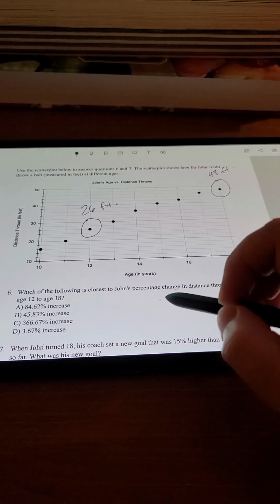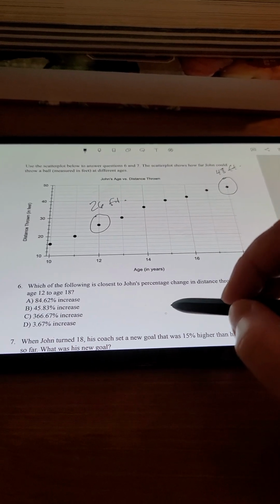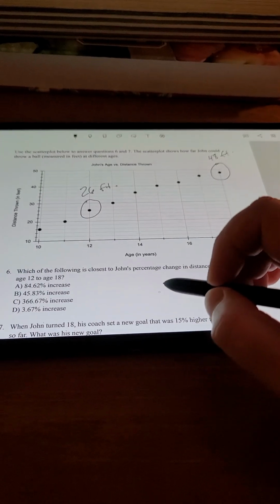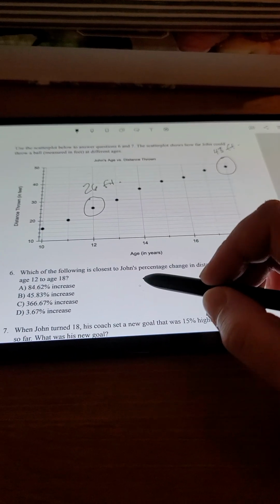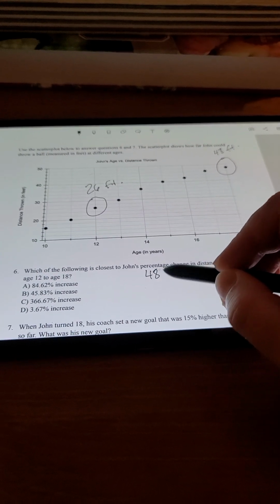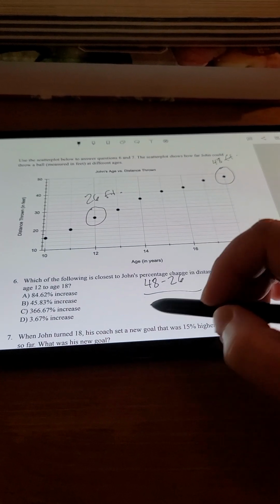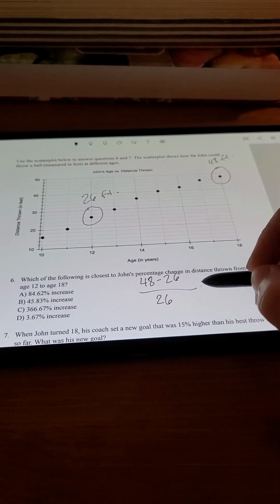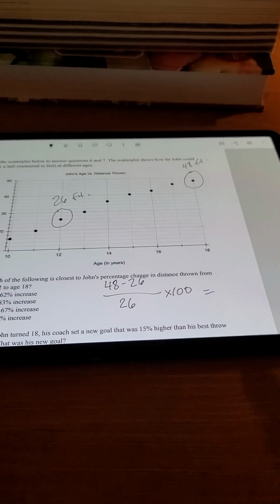So remember, percent change is the change over the original amount, and then you can either move the decimal 2 over or just multiply by 100, whichever you prefer. So the change is going to be 48 minus 26, over the original amount, which is 26, and then most people prefer to times by 100, so I'll just do that.